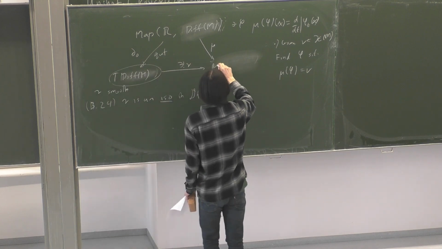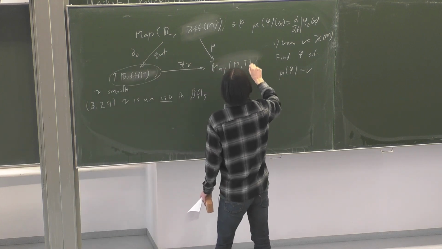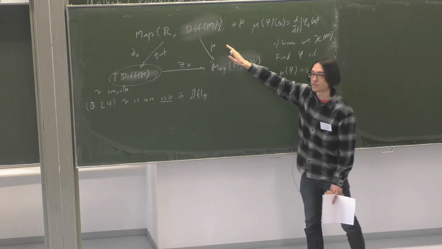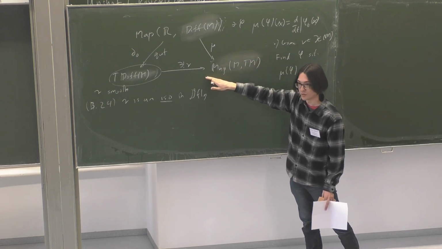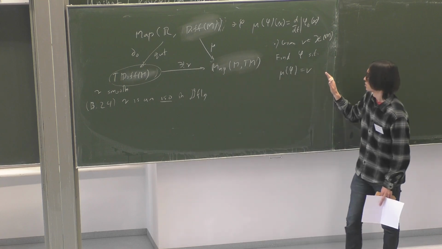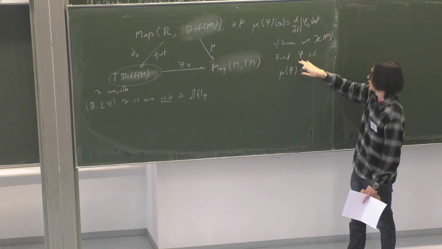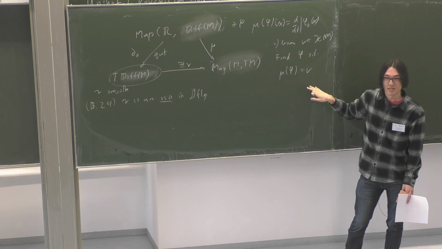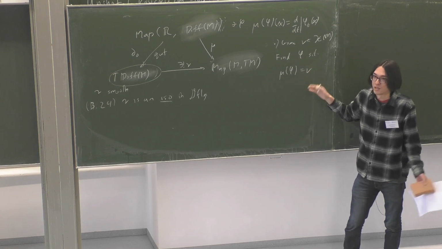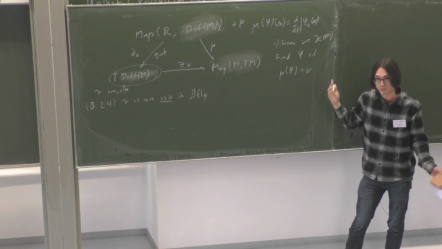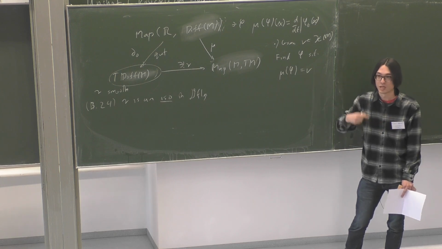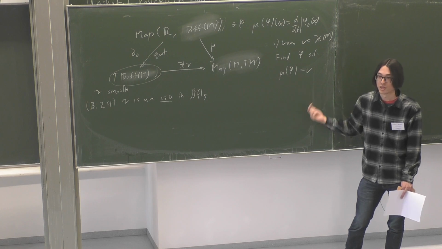For M non-compact, then this quest to show, for instance, surjectivity of mu, to show that mu is an isomorphism, has a much stronger question. Find an isotopy, so a homotopy through diffeomorphisms, that gives V. And you might say, well, the flow. But the flow is not going to be defined on all of M necessarily. So you need to get much more creative to construct such an isotopy.